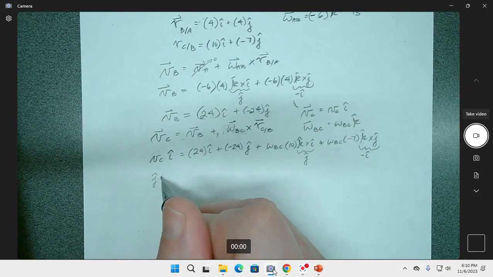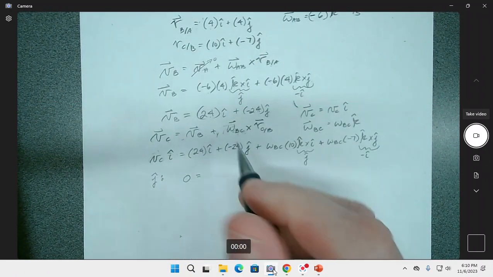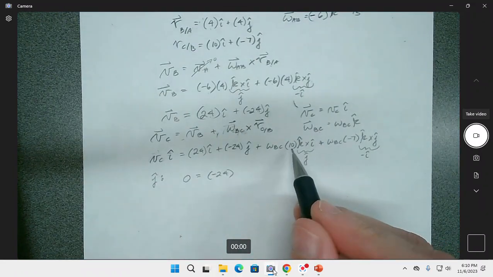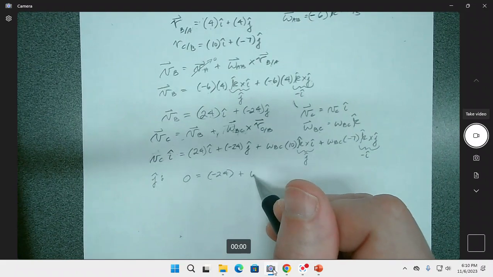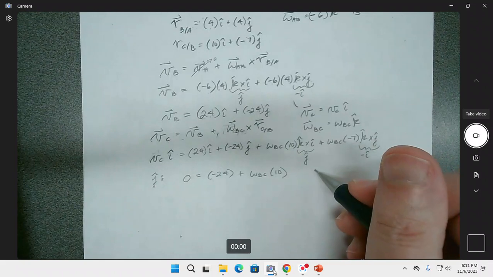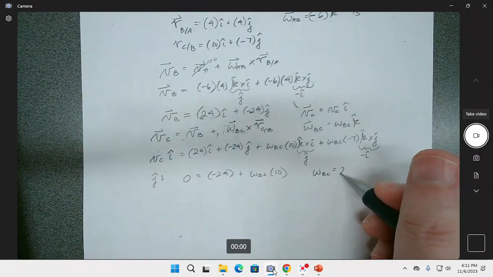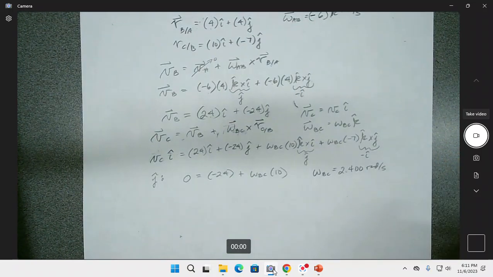Good strategy is to pick J because we know it's going to be 0 on the left-hand side. So we get negative 24, plus omega BC times 10. So we just found omega BC is equal to 2.4 radians per second.